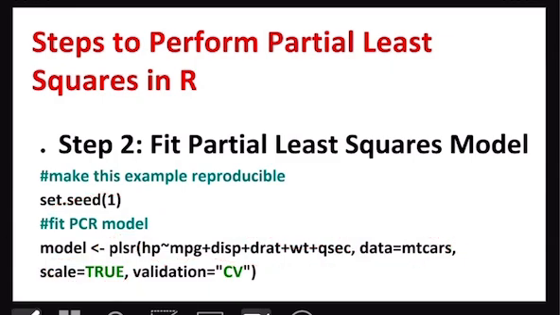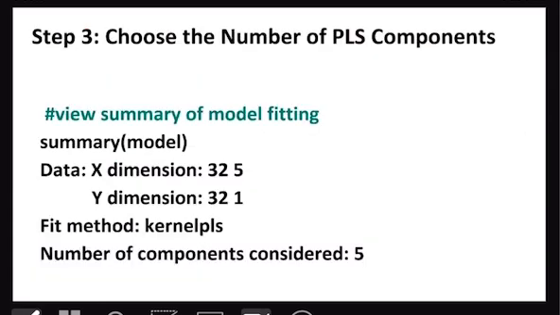Now you see the difference in the two. You do not need to worry too much because the code in R just needs PLSR. The other one is PCR. But at the end, after that, you choose the number of PLS components.